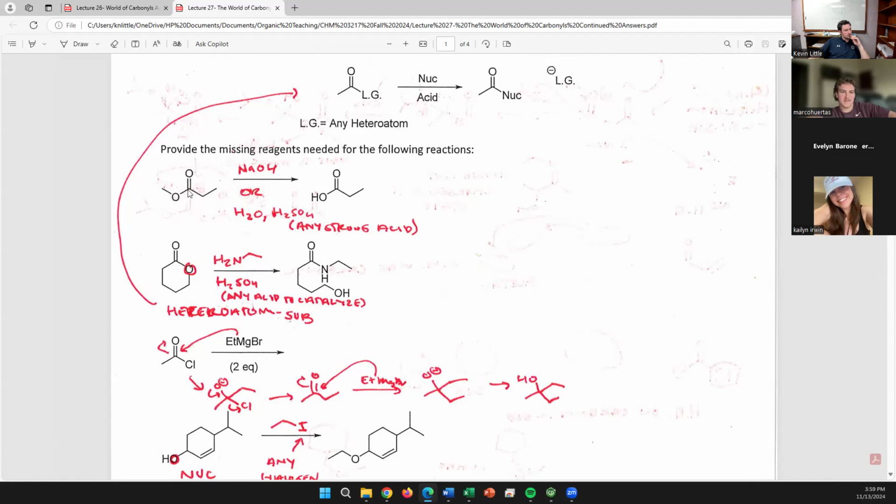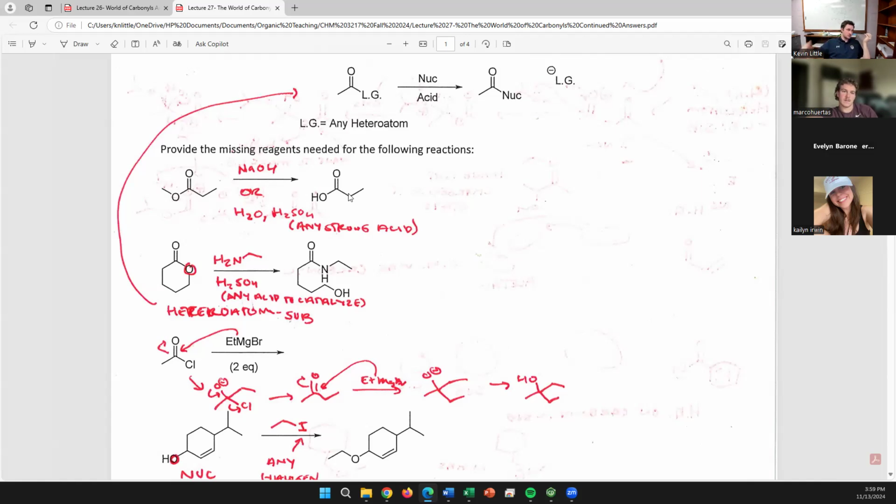All right, my electrophile is a carbonyl with a heteroatom on it. So what can I do to get from here to here? Alcohol attacks carbonyl. Yeah, I need to substitute.